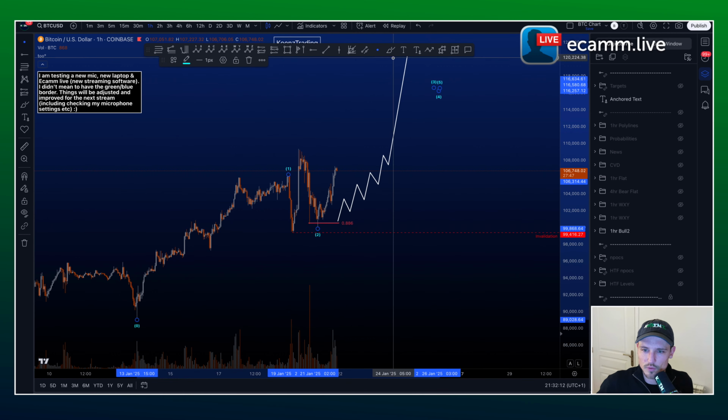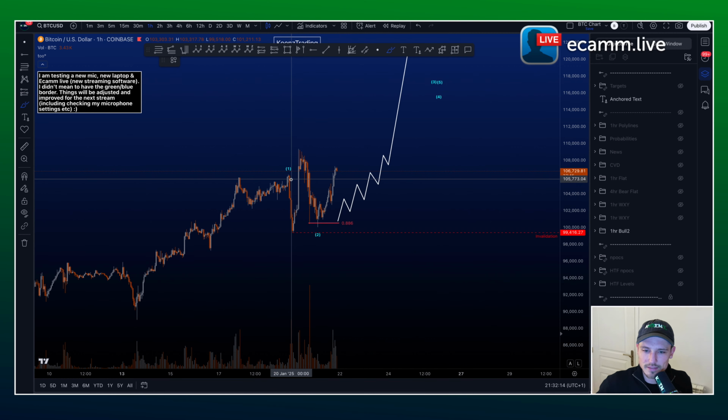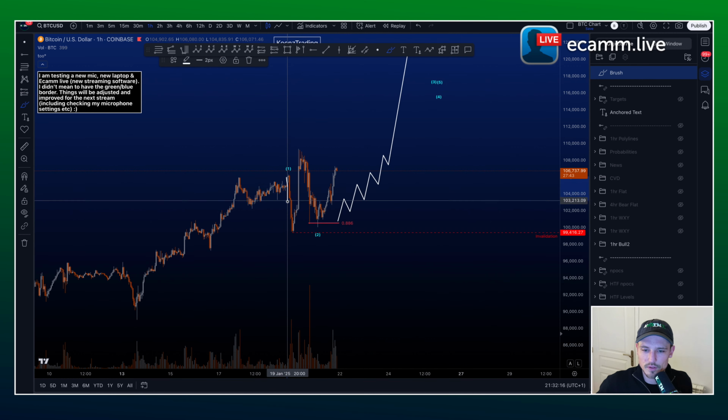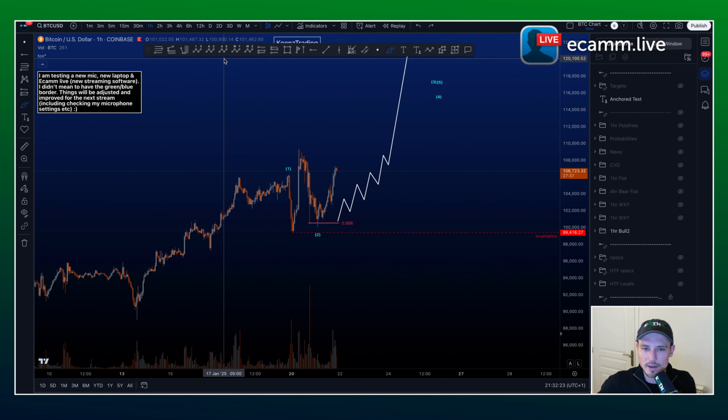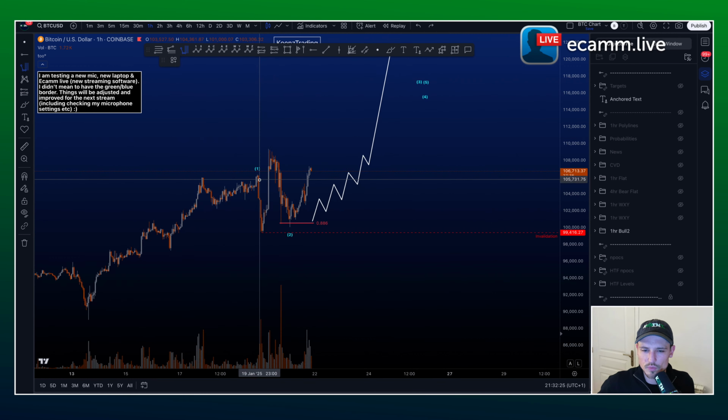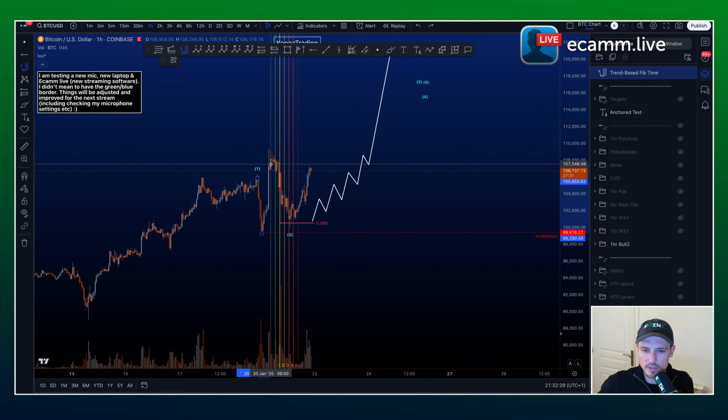Now, alternatively, what you could do is instead of looking for a double 1-2, you can just look at a single 1-2. In this case, you then have yourself a wave A, B, and then a wave C to the downside. But what is an issue with this count is that your wave C is incredibly long in time.